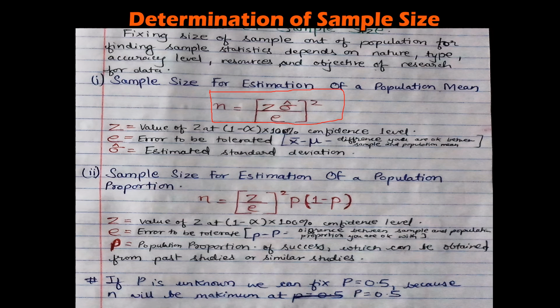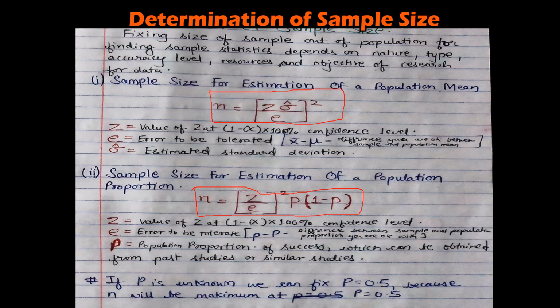And another is the sample size for estimation of a population proportion. N is obtained by using this formula, where z is equal to the value of z at (1 minus alpha) into 100% confidence level.